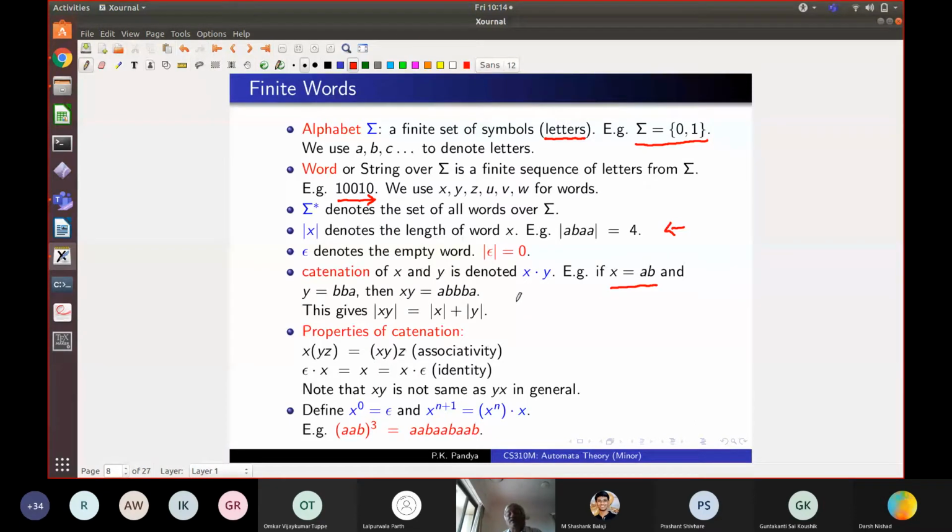So is the idea of catenation clear to you? Clearly, you know what is the length of this catenated word x followed by y, x catenated with y? It will be the length of x plus length of y, right? Because all the symbols of x will occur first, and then all the symbols of y will occur. So the total number of symbols, letters, will be length of x plus length of y. So I hope these things are clear to you.